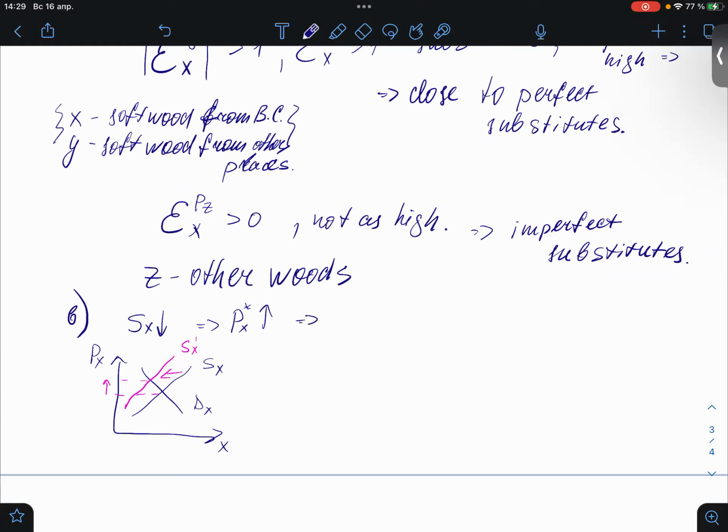That means that the demand for softwood from other places will increase, because the elasticity of softwood from other places by the price of good X is positive, as they are substitutes.